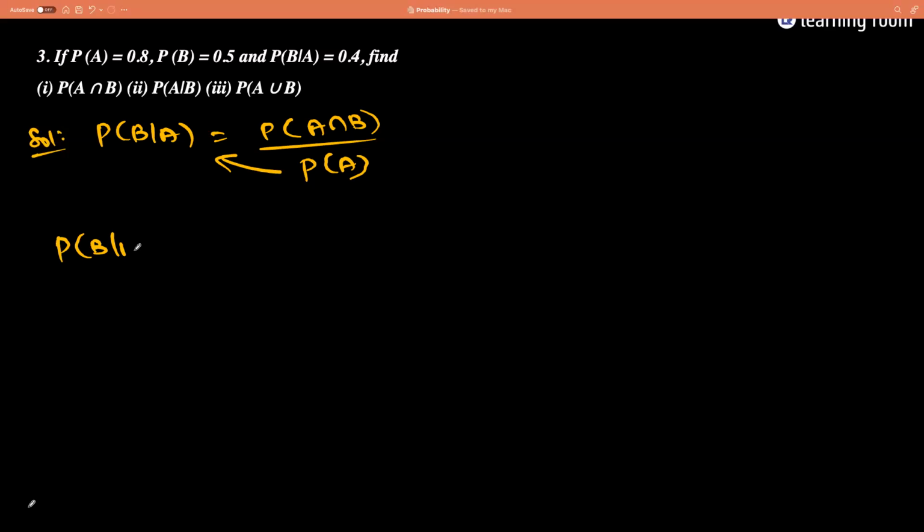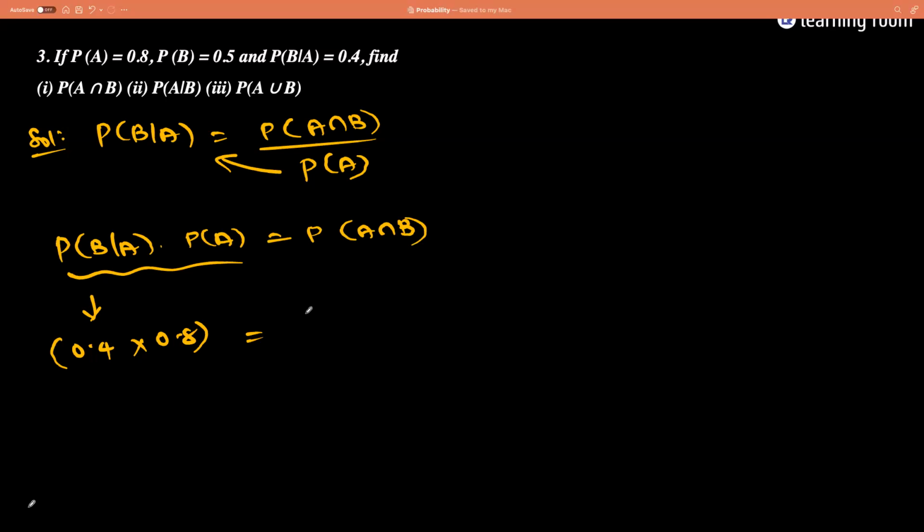Probability of B given A into probability of A is equal to probability of A intersection B. So 0.4 into 0.8 is equal to the probability of A intersection B. So probability of A intersection B is equal to 0.32.